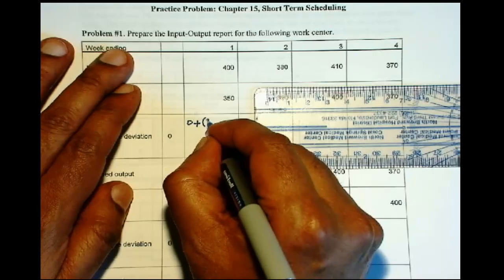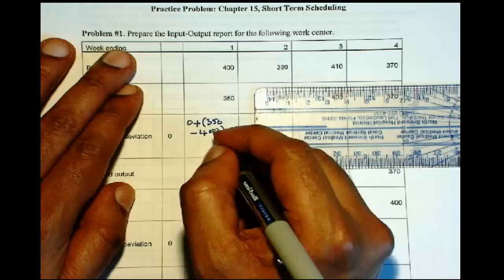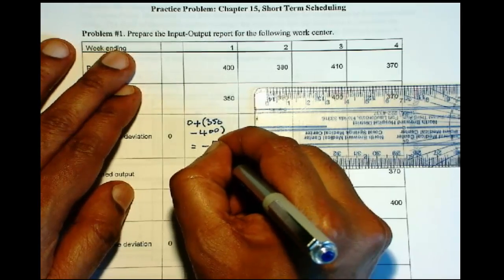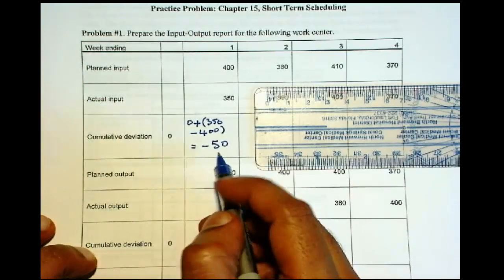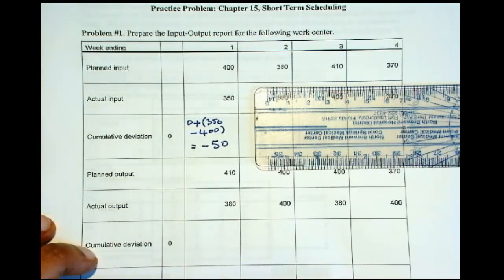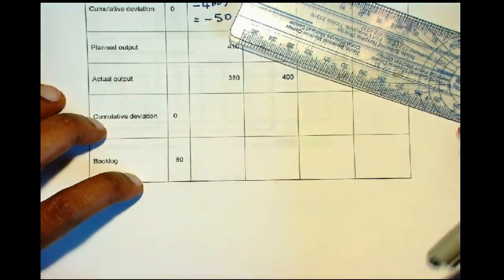Actual minus planned gives you minus 50. So at this point in time, the actual input is running below what was planned by 50 units.